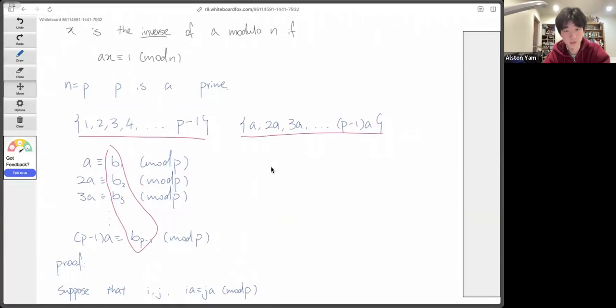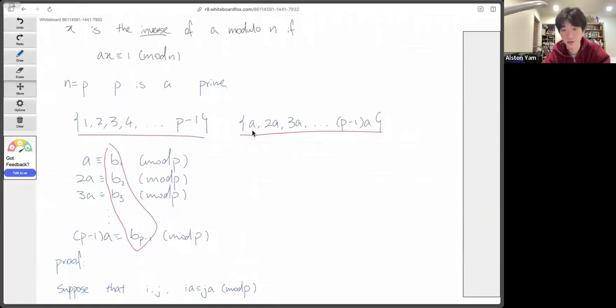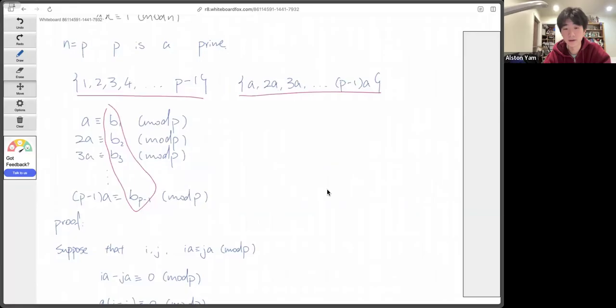Because what are i and j? i and j are just the numbers 1, 2, 3, all the way to p minus 1, because remember, i and j are numbers in the set. All of these are less than p.